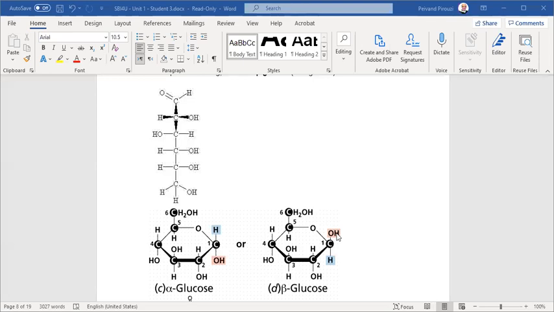So in order for us to break down beta glucose, we will need to convert the beta glucose to alpha, and then use it. This is why, when we use one type of glucose, because of its configuration, we may not necessarily obtain the same number of ATP, those source-of-energy molecules, in the cell.